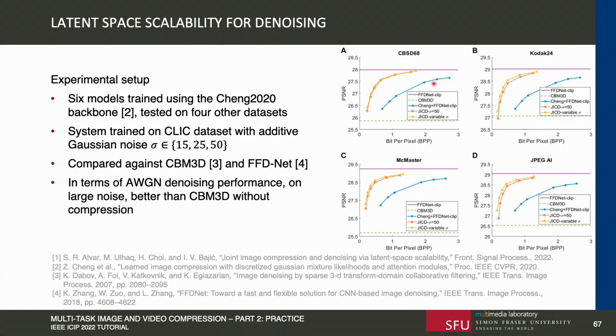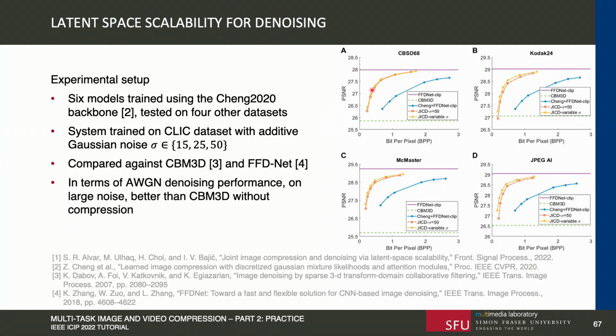The blue line is the approach where you first encode the noisy image using the default Chang 2020 backbone and then denoise the decoded image using FFDNet Clip. So it's kind of a combination of state-of-the-art models for compression and denoising, but a combination in series.